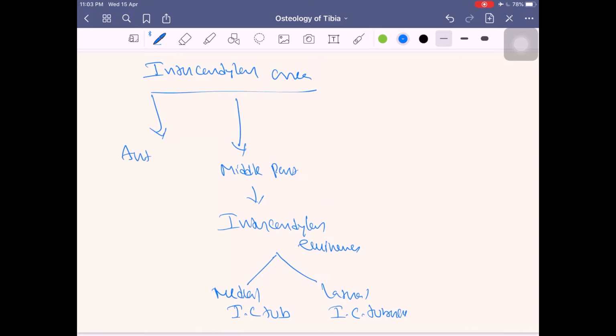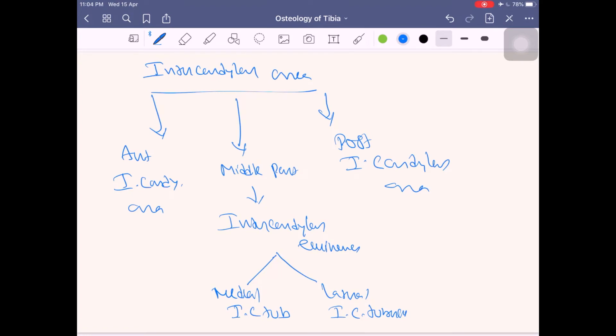Then you have an area in front of it, which you call the anterior intercondylar area, and an area behind it, which we call the posterior intercondylar area. So this is all about the intercondylar area.